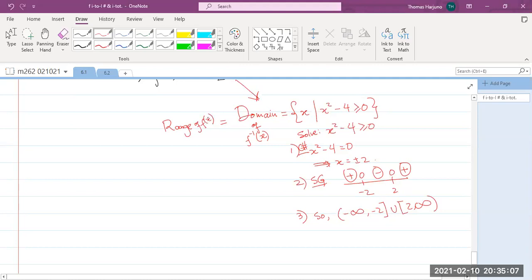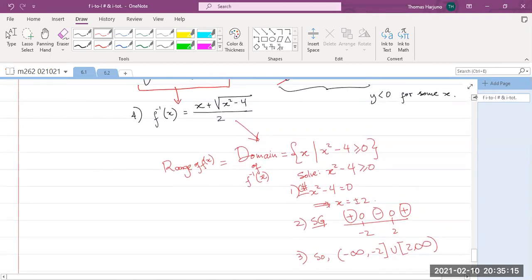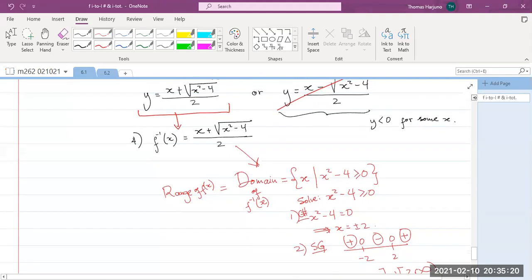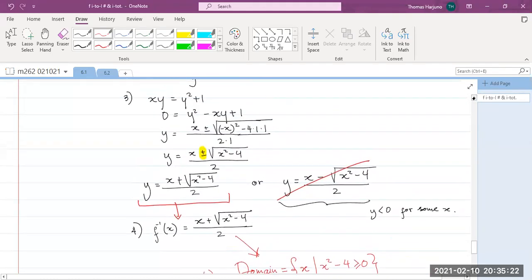Okay, but we need to be a bit careful, notice that it cannot be negative. Why can it not be negative? Because the domain of the function is 1 to infinity.